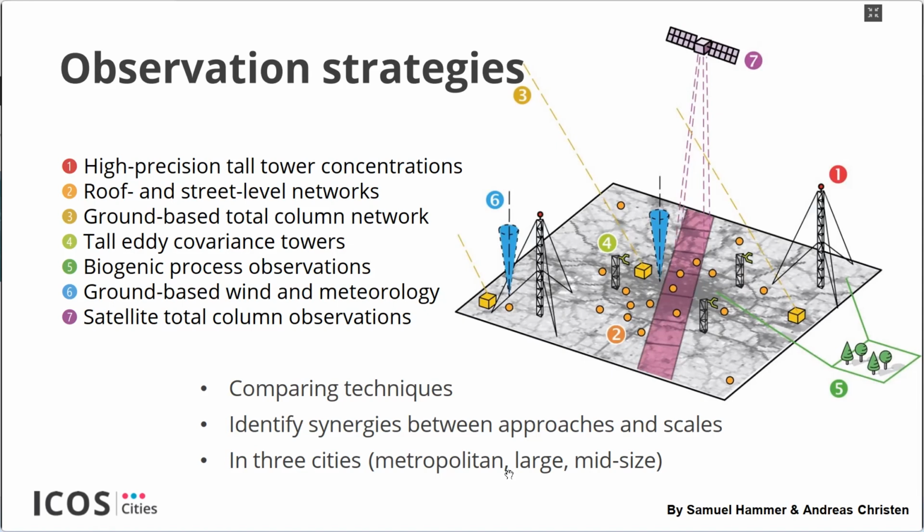And we have much more going on in a city. We have different techniques for flux measurements. We have instrumented parks for the biogenic fluxes to compare the anthropogenic and biogenic, and to really partition this, or we're trying to. So there is a lot going on here.